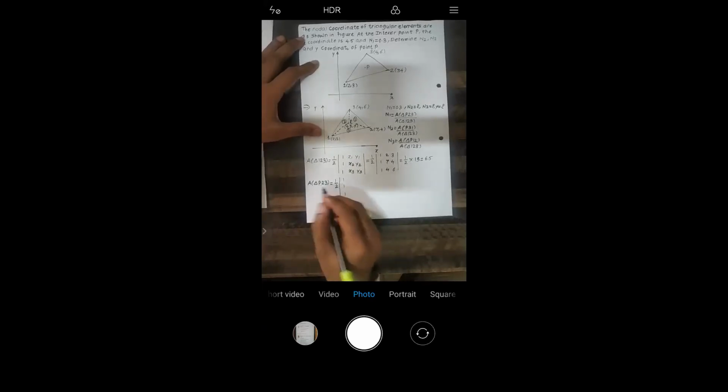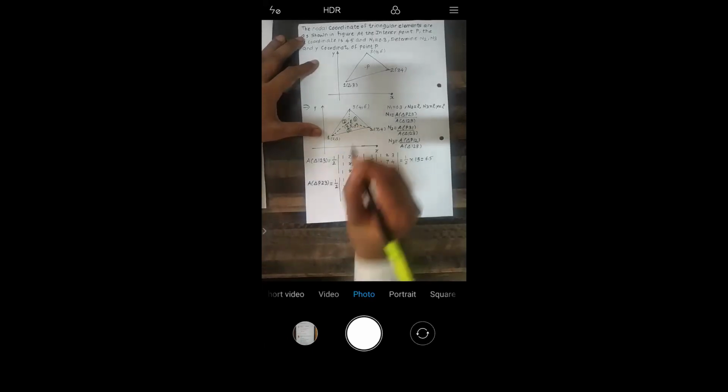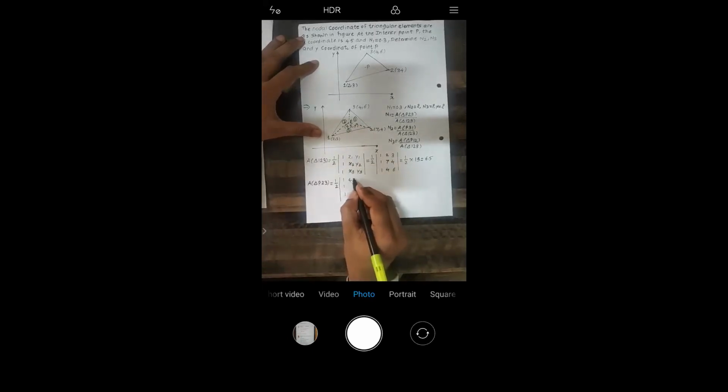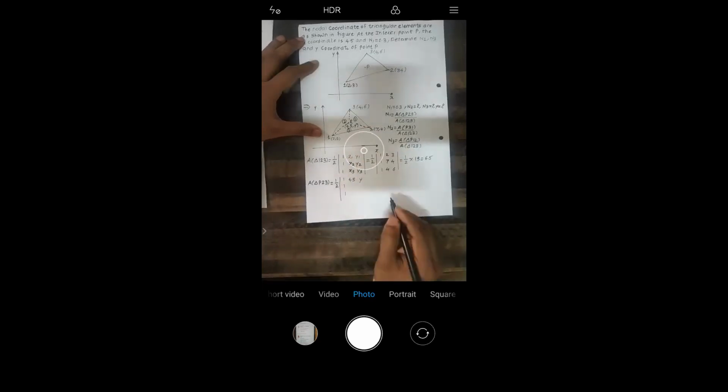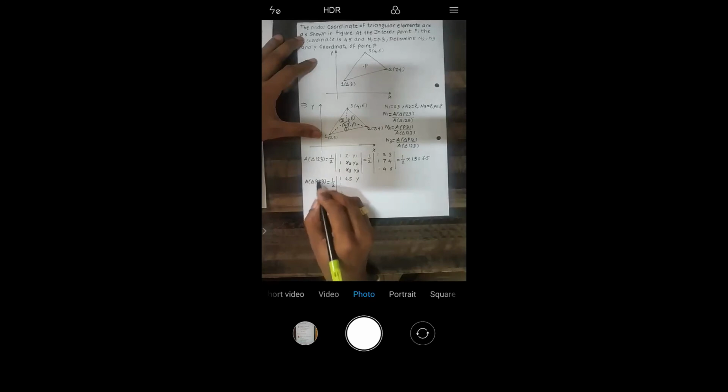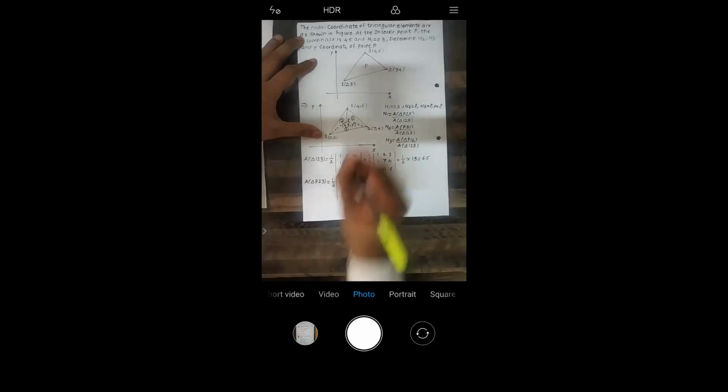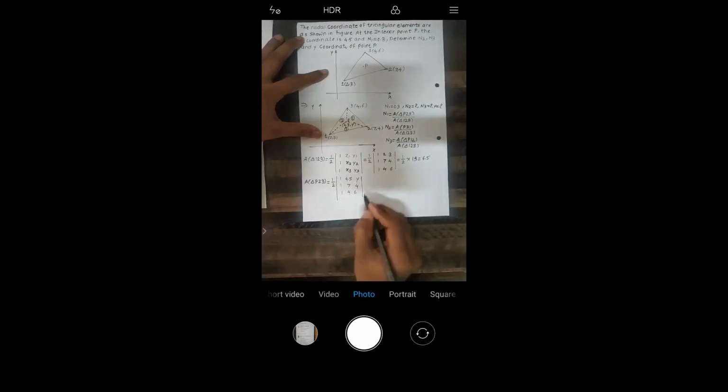What is the x coordinate of point P? It's 4.5. Its y coordinate is not given, so I put it as y. Then for node number 2, it is 7, 4. Then for node number 3, it's 4, 6.